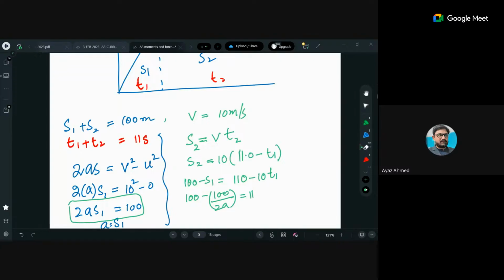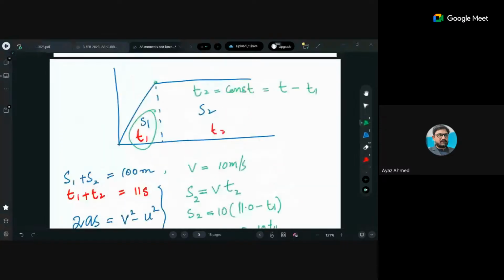I have two variables, and I want to find these two variables. T1 is the time during which the acceleration is taking place. So can I say that S1 is equal to ut plus 1 by 2 at square?